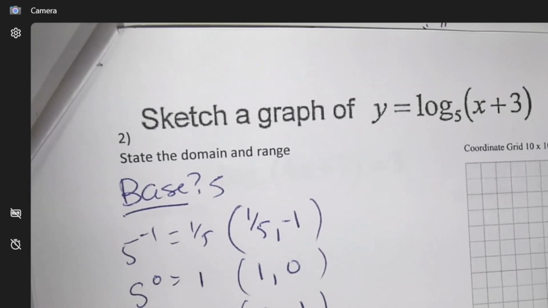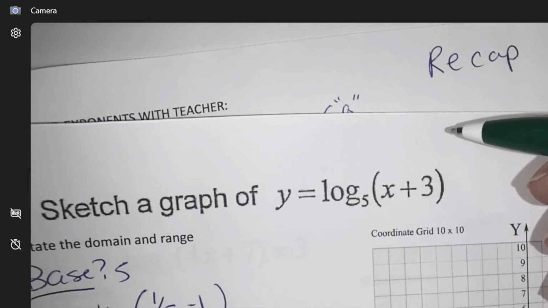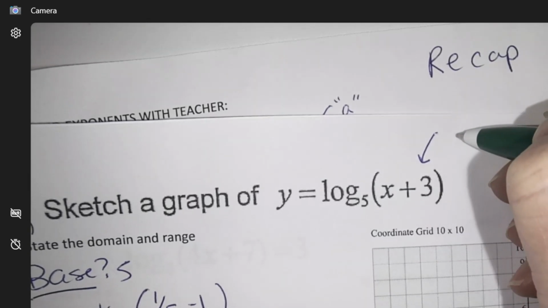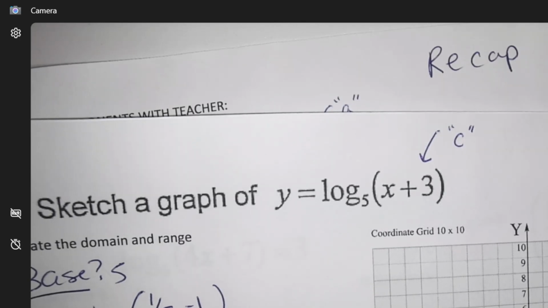Okay, so there's my original points I'm going to work with. Is there any transformations? There is a C. That's going to move left 3.